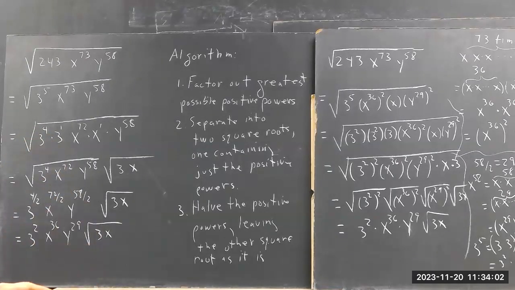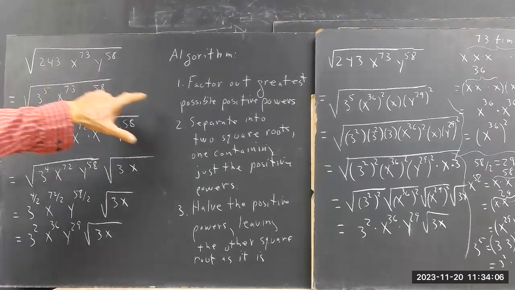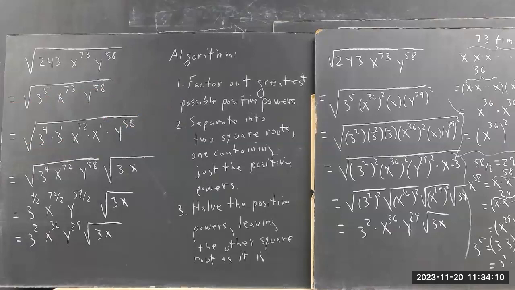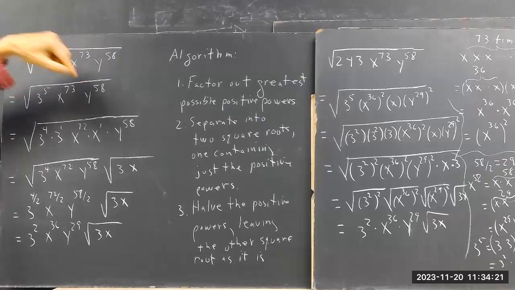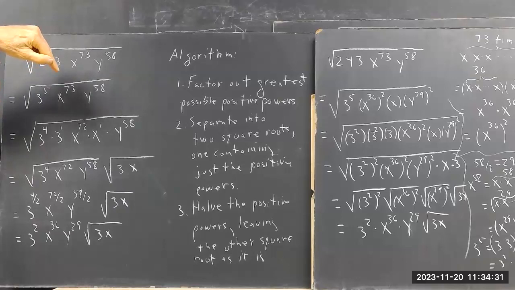So let's see how we've done that again. Here we have our expression. We factor out the greatest possible even powers. Of course, we assume that we've already done the prime factorization on every number. So we have this expression. And the greatest even power we can take out of 3 to the 5th is the 4th power.